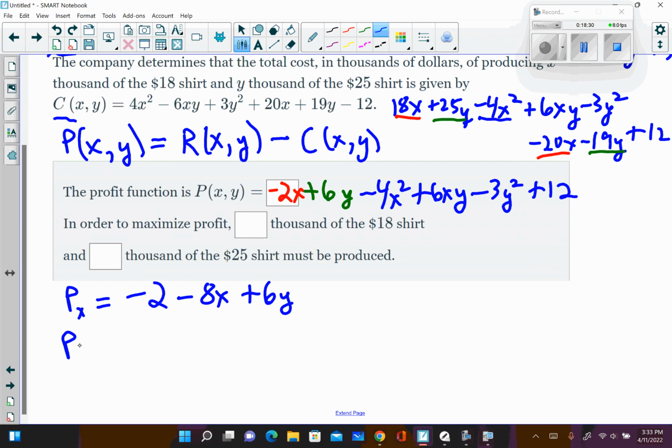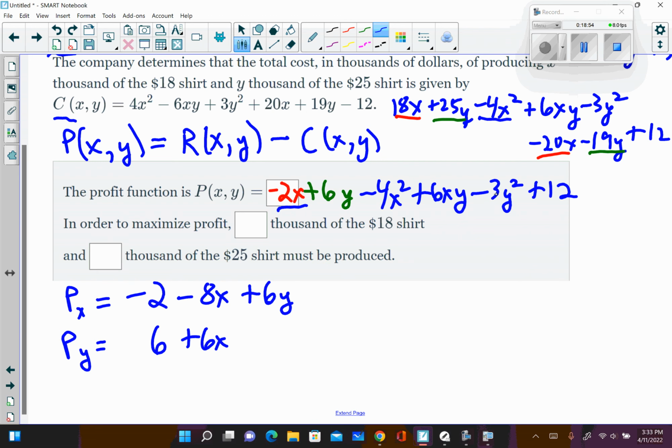The partial derivative of P with respect to y, now we're going to treat x as a constant. That makes the derivative of negative 2x 0. The derivative of 6y is 6. The derivative of negative 4x squared is 0, because x is a constant. The derivative of 6xy is 6x, because it's a constant times y, so the derivative is just the constant.